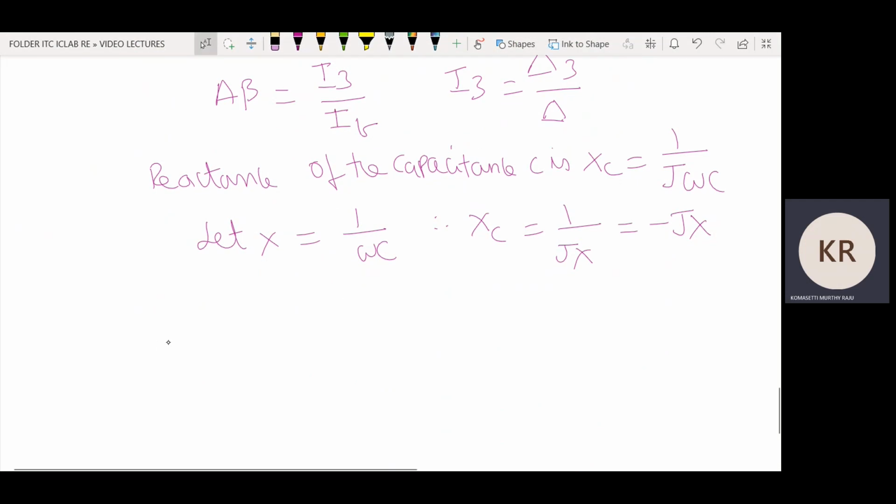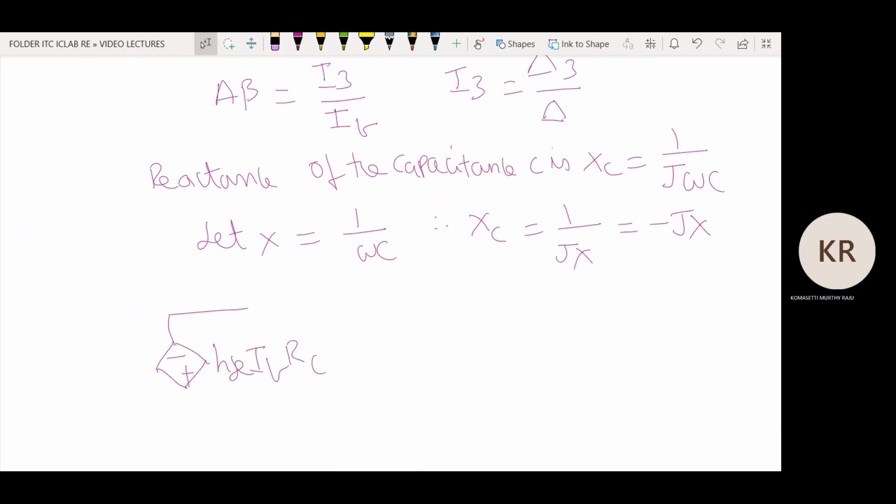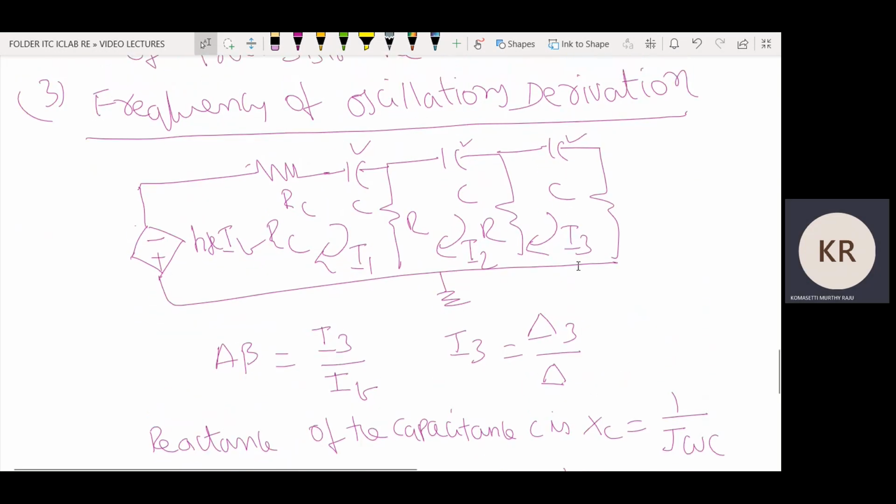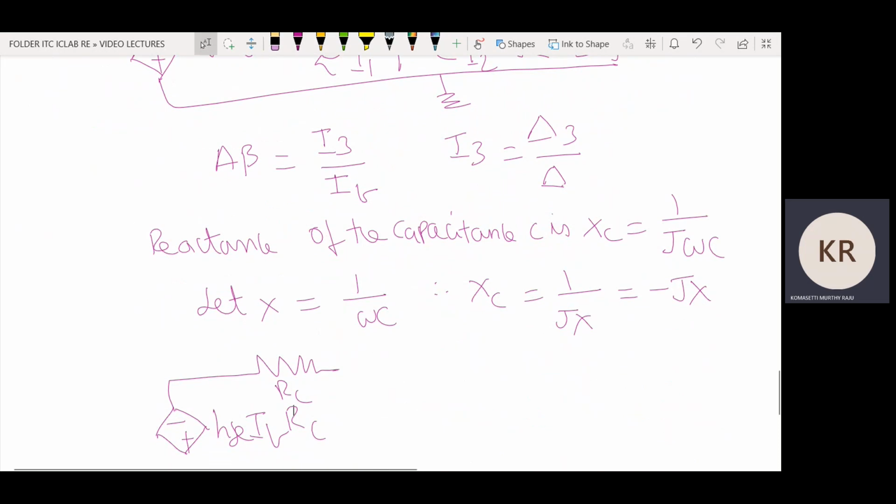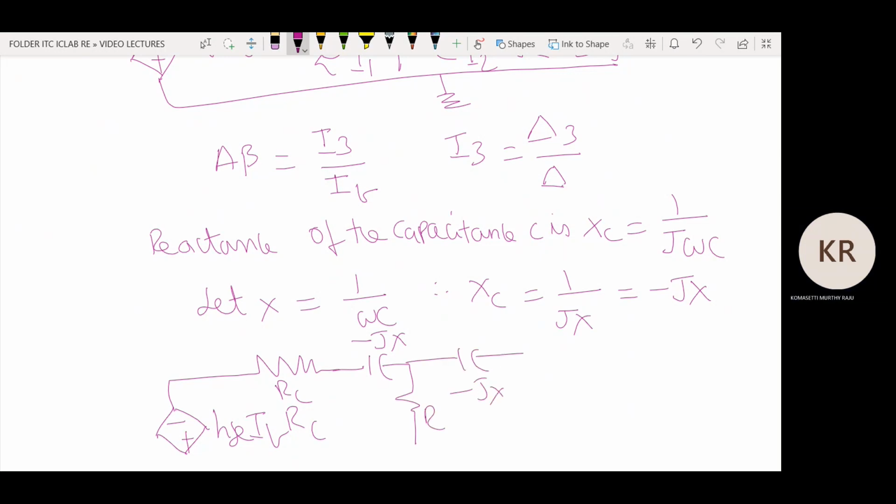Therefore, again redraw dependent voltage source. This is minus plus. Value is HFE IB RC in series with RC, and this capacitor reactance value is minus jX, R, minus jX, R, and finally minus jX.